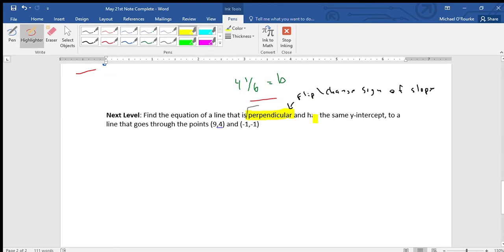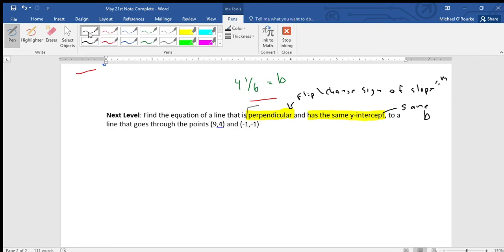And secondly, has the same y-intercept. So this means it has the same b. In order to do all that, we have to find the original equation of a line. Once we have the original equation of a line, then we can start making adjustments.